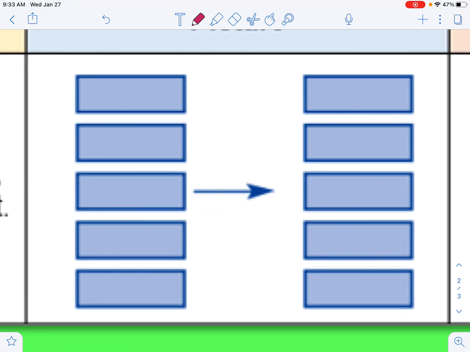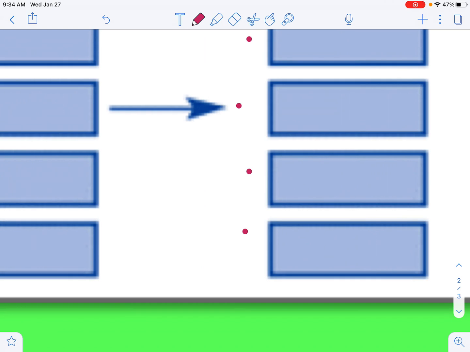Zoom into our picture. If you notice, we have 1, 2, 3, 4, 5 wholes on both sides. What I want to show you is we can break up one of those wholes into whatever our denominator is. Let's say our denominator is 8 for this fraction.